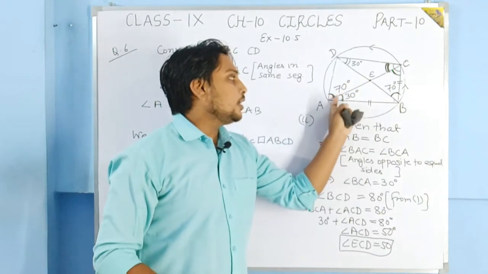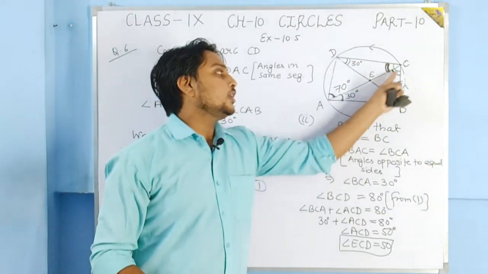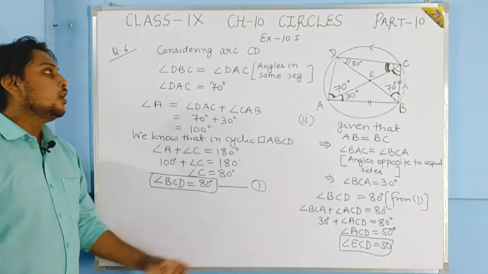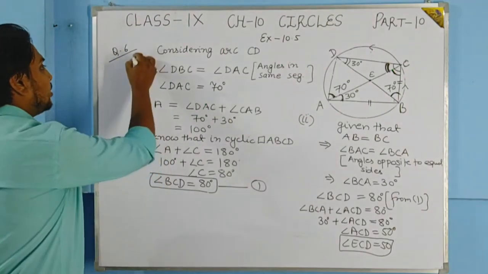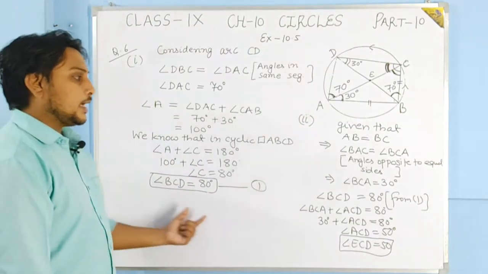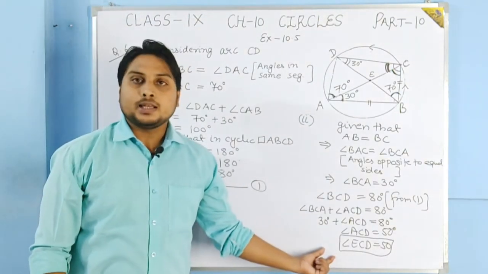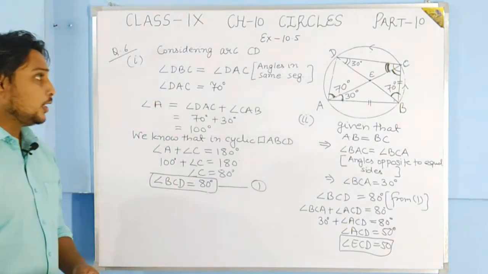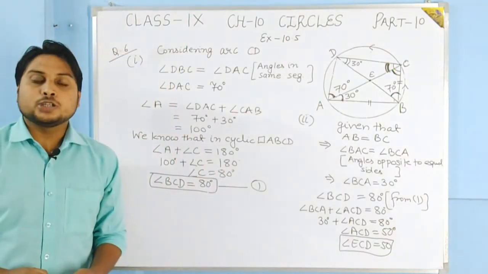So this is the solution of question number 6. The first part is to find the whole angle C and the second part is to find the angle ECD. Students, just note it down and then we'll see question number 7.